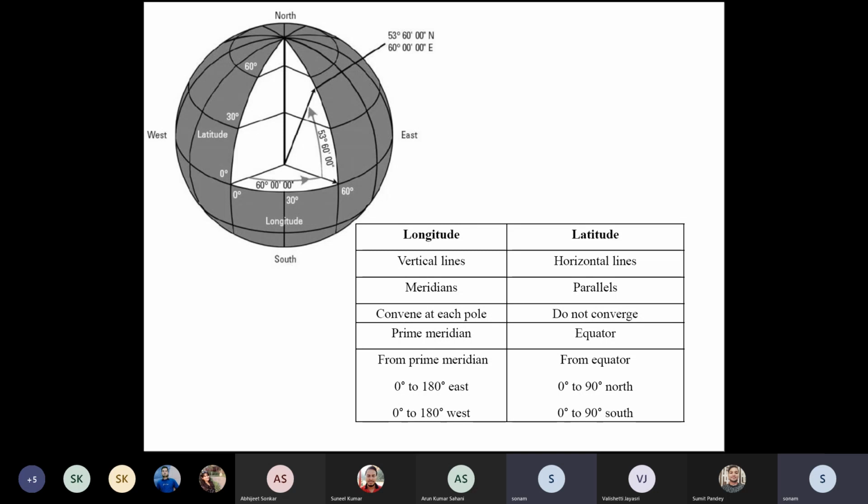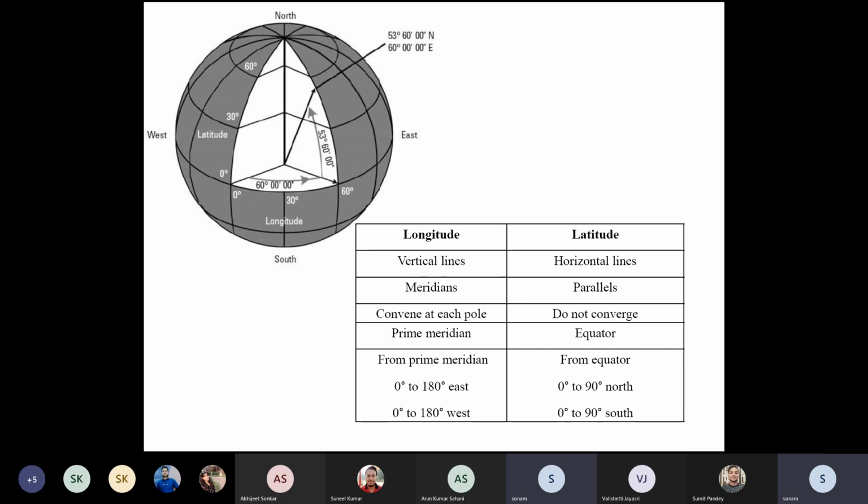This 60 degrees is measured in the plane of the equator and it is the horizontal angle between these two planes. This is what longitude is. I am repeating the definition you have learnt earlier or written in your copy: longitude is the angle measured between the plane of the prime meridian and the plane of the meridian passing through that point, in the plane of the equator.